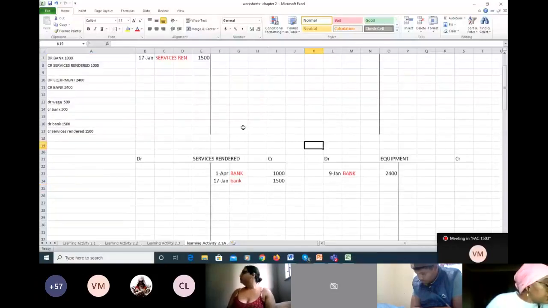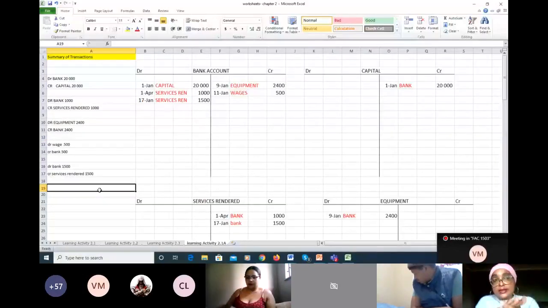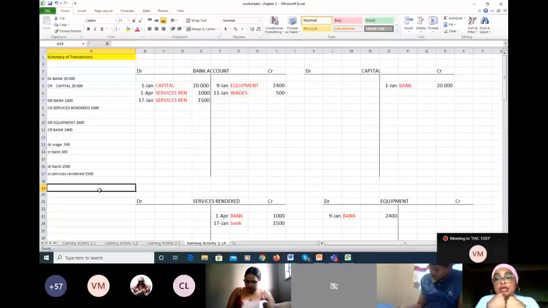I purchased stationery per check for 200 Rand. Stationery is an expense, okay? If I purchase something, I am reducing my bank account. Therefore, on my credit side of my asset, we're going to credit our asset because we are reducing my bank account with 200 Rand.